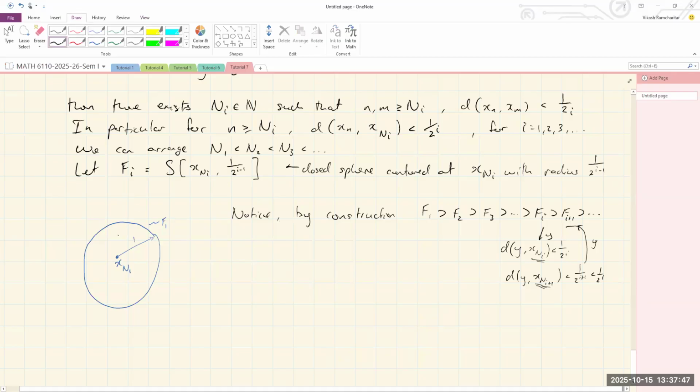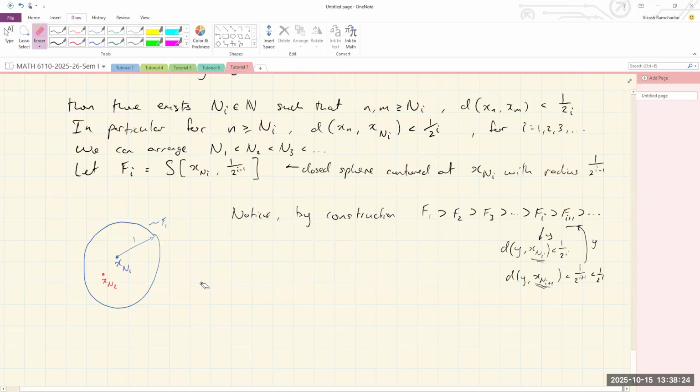So how does that relate to our picture? Xn1 is in there. So we know Xn2 is also in here, right? So F1 will contain Xn1. It will also contain Xn2, Xn3, Xn4, and all of them. So that's what we need, right? What was happening is I wanted to ensure that Xn2 was not out here.